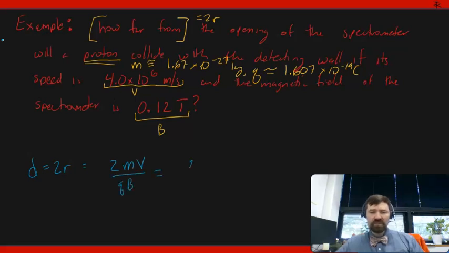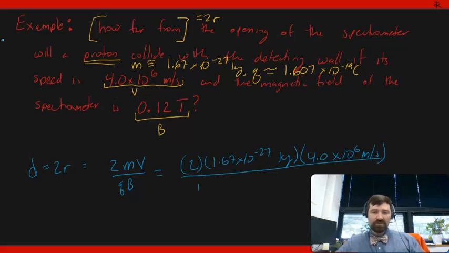qB. So that's 2 times the mass, which is 1.67 times 10 to the negative 27 kilograms, times the speed, which is 4 times 10 to the 6 meters per second, divided by the charge, which is 1.607 times 10 to the minus 19 coulombs, times the field strength, which is 0.12 Teslas.